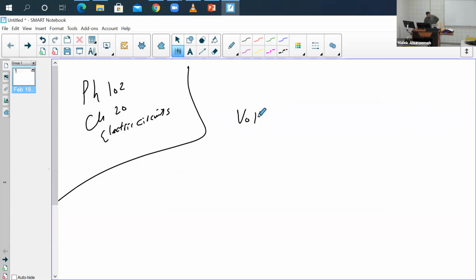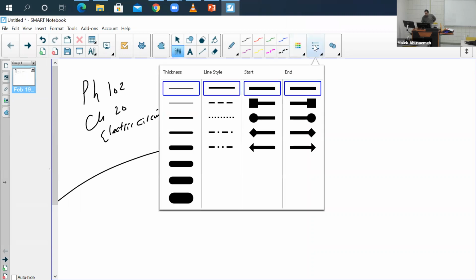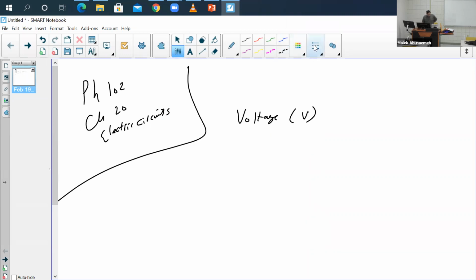The voltage, which we give the letter V. Now, your voltage is your electric potential, which is your potential energy per unit charge.